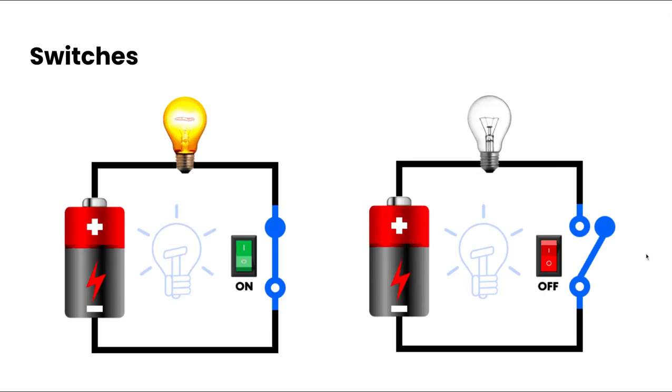If our switch is open, that means it's in the off position, and since we no longer have a complete path, our light bulb doesn't turn on because the circuit is incomplete or broken.